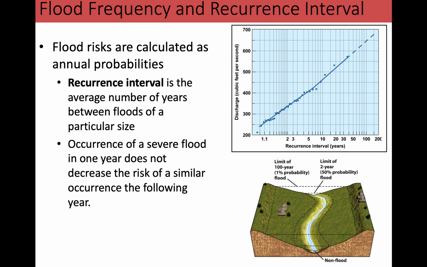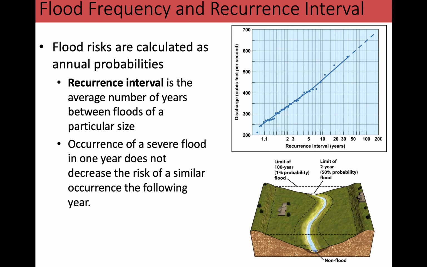Very bad. So when we look at floods and predicting floods, what we do is we look at flood frequency and also what we call the recurrence interval. So the risk of a flood is generally considered, or we consider annual probabilities.